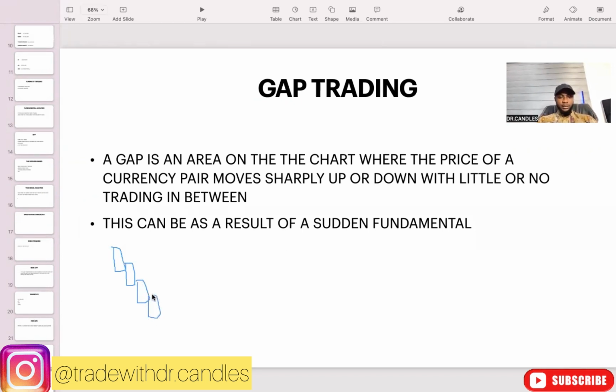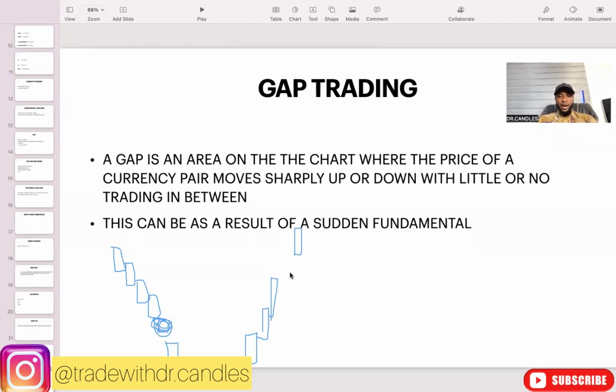But the moment there is a break in the continuity of the chart, this area is being referred to as what? The gap. Or when our market is trending down, suddenly trending up like this, then suddenly breaks or goes higher than usual, leaving an area.